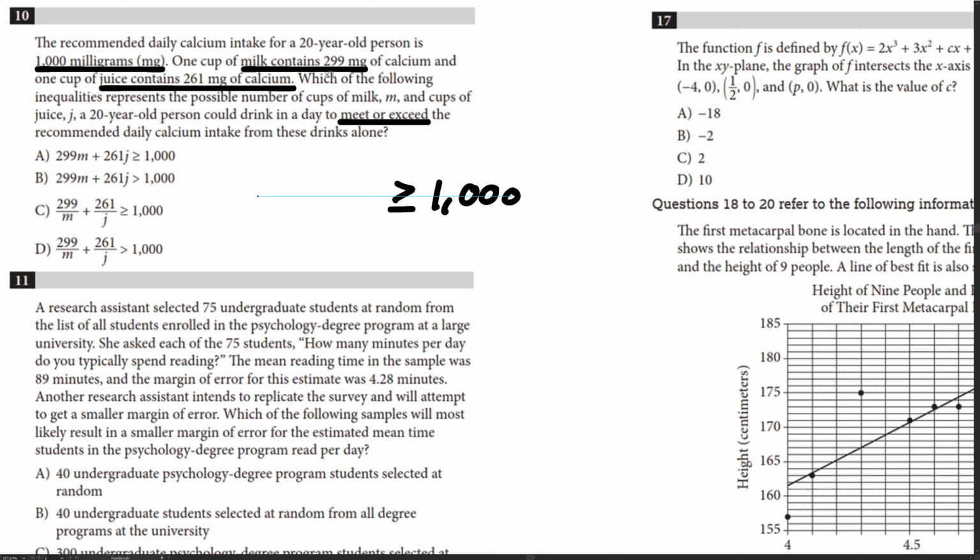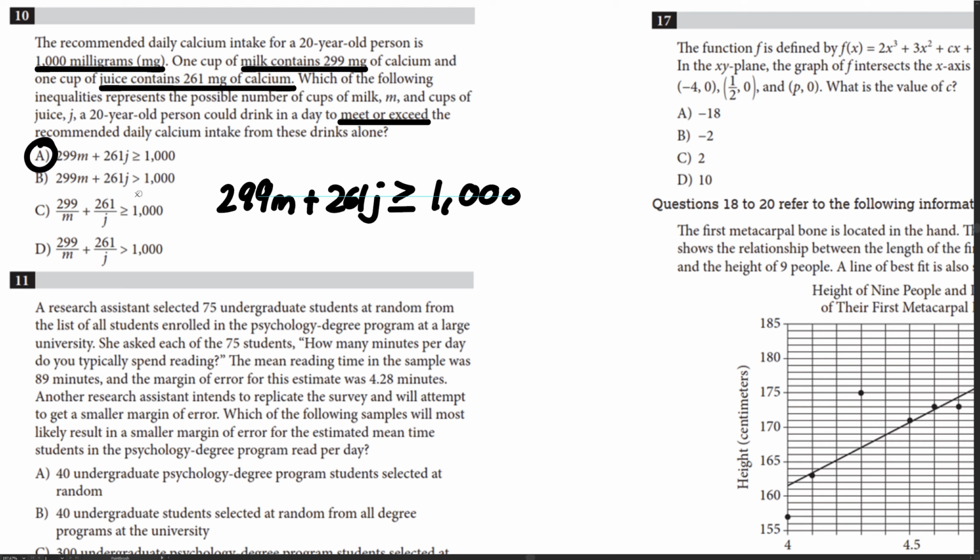Let's put how much we have for milk right here: 299 times the glasses of milk, which is M, plus 261J. That's just the value of the calcium in 1 cup of juice times the glasses of juice. So as we can see here, A is going to be the answer.